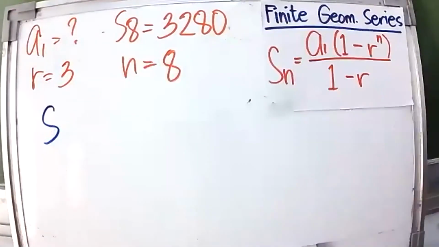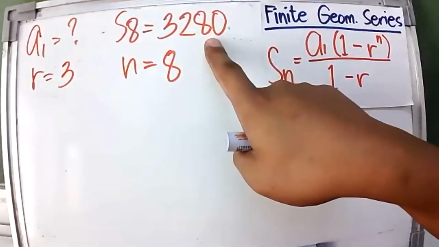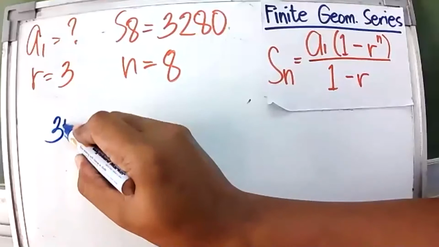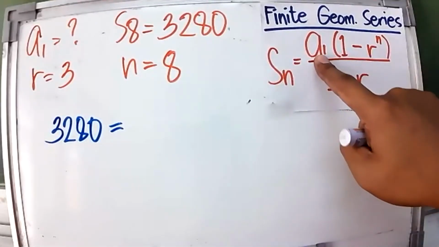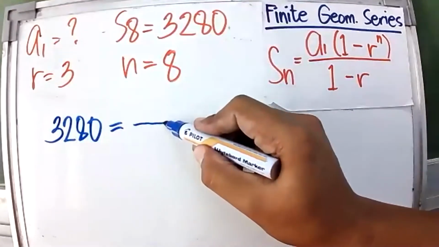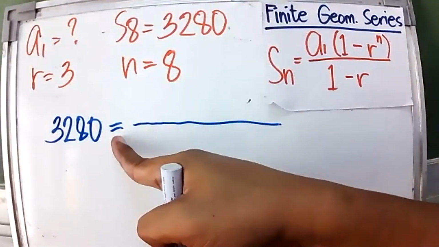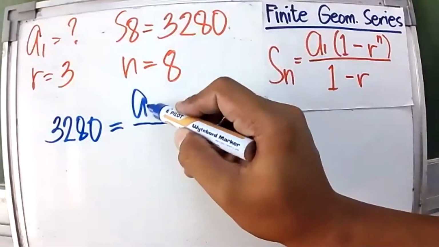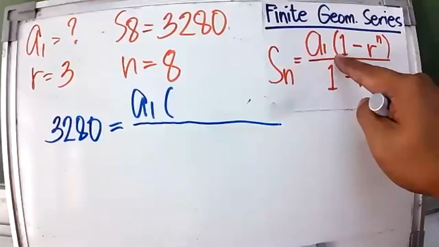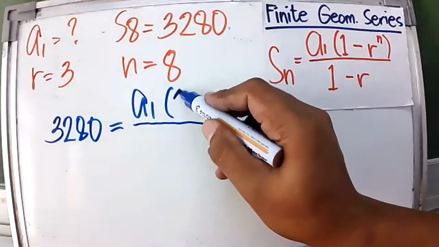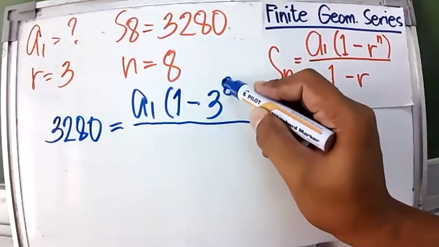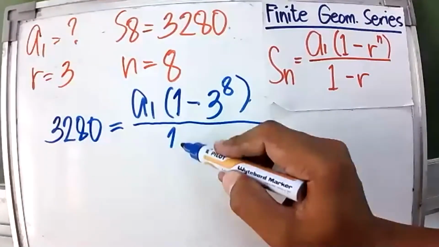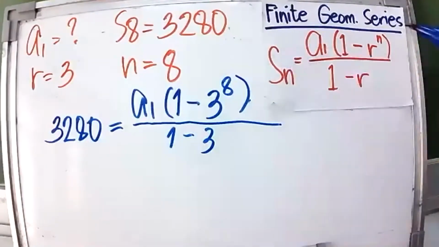S sub 8, we already have S sub 8. S sub 8 is 3,280. 3,280 is equal to A sub 1 is unknown. The fraction bar should be aligned with the equal sign. Remember that. A sub 1 is unknown times 1 minus your R, which is 3, raised to 8, over 1 minus 3.